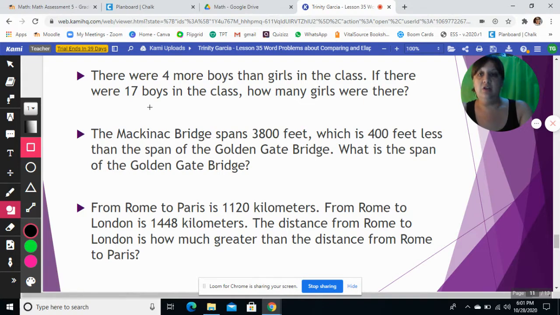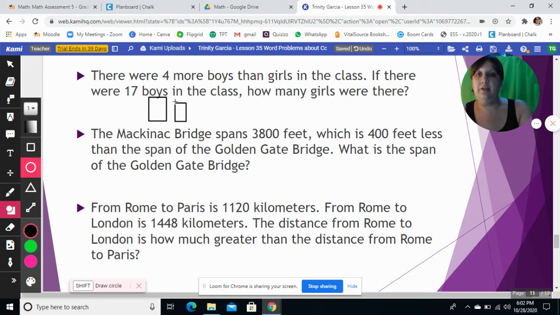So let's draw our rectangle, and our taller rectangle is going to be the boys because there's 4 more. And our smaller rectangle is going to be the girls, not too much smaller because it's only 4 different, right? And we know that our total is 17. So what we want to do is add our circle shapes, right?